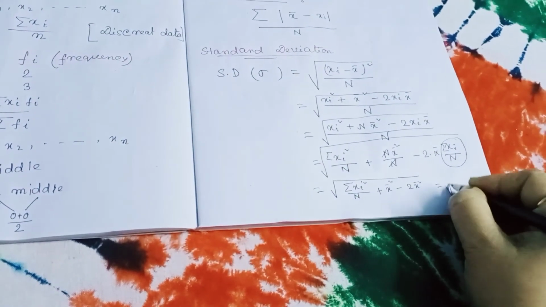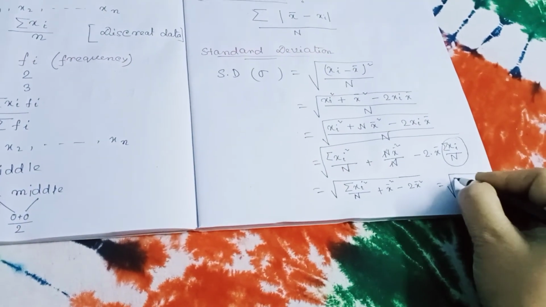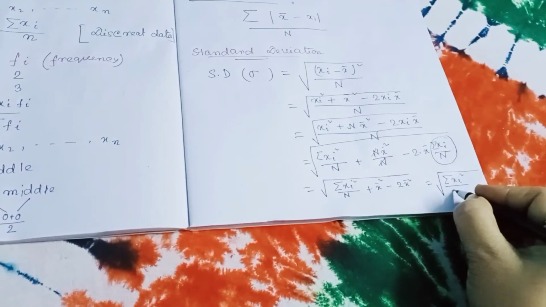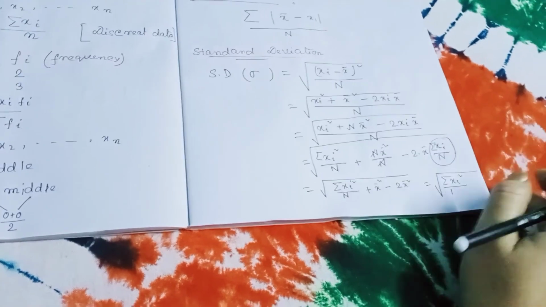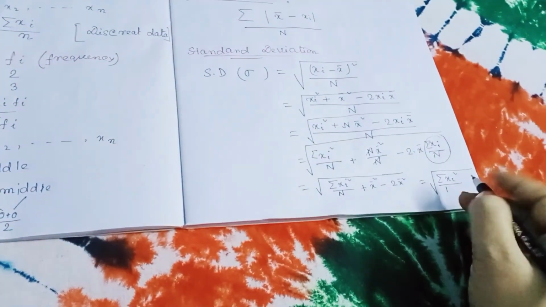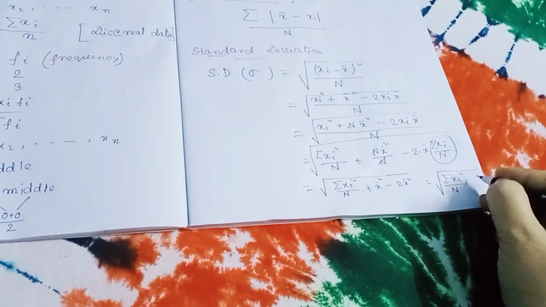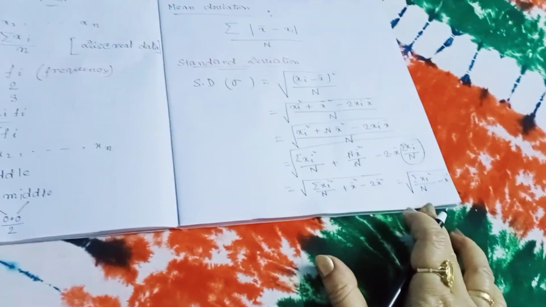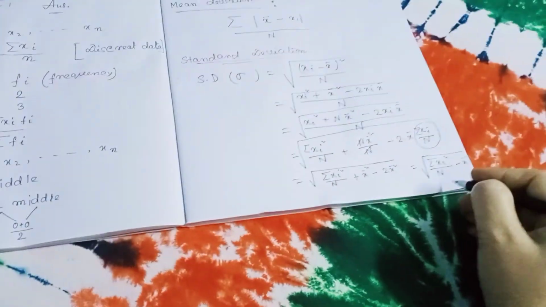So finally the SD becomes the root of summation of xi square, squaring the observations and then taking the summation, divided by n, the total number of observations, minus x bar square. This is the final formula of SD, standard deviation.